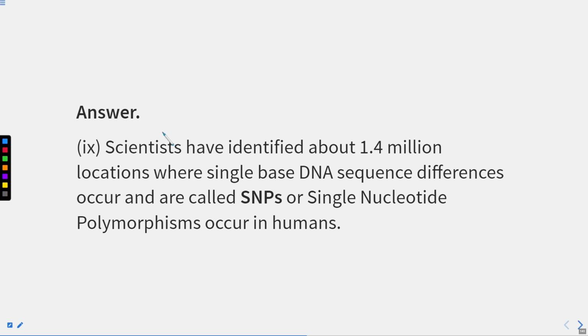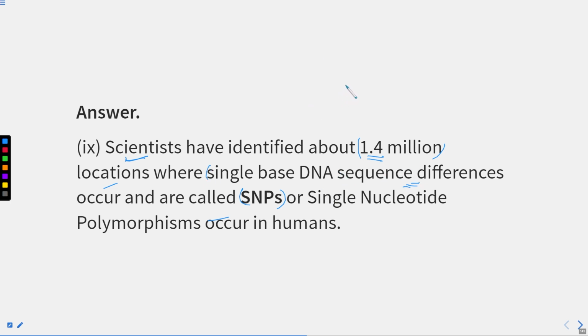And in the end, scientists have identified about 1.4 million locations where single base DNA sequence differences occur. These are known as single nucleotide polymorphisms, or single base pair differences, and these occur in human beings. At 1.4 million locations, there is a single base pair DNA sequence change.